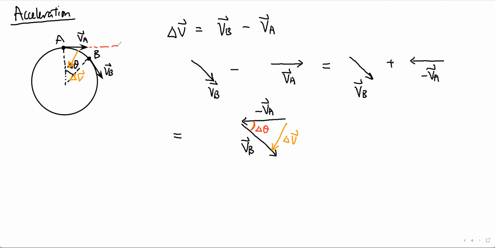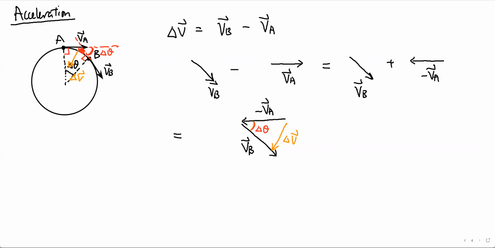Now you extend VA, extend VB, and then this angle will be delta theta. I'm not sure if you can see it. I'll just show you a bit. This is 90 degrees, this is 90 degrees. Then this angle should be 180 degrees minus delta theta. And therefore this angle is delta theta.